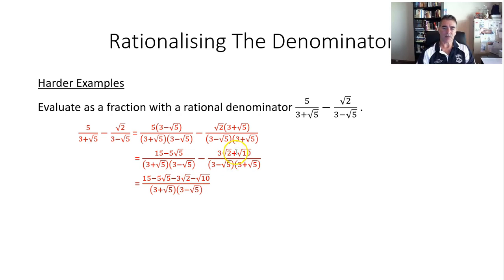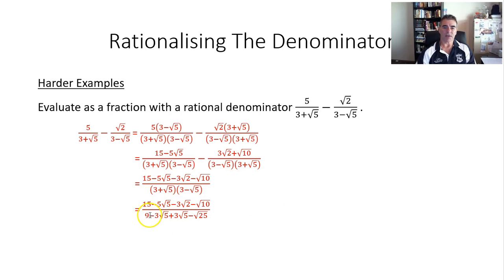Just be careful, if this was a negative, so take away a negative would then make that a positive, so just be careful with those. I can't simplify any of the numerator, but what I can now do is the denominator still has surds in it, so I'm going to expand that out.